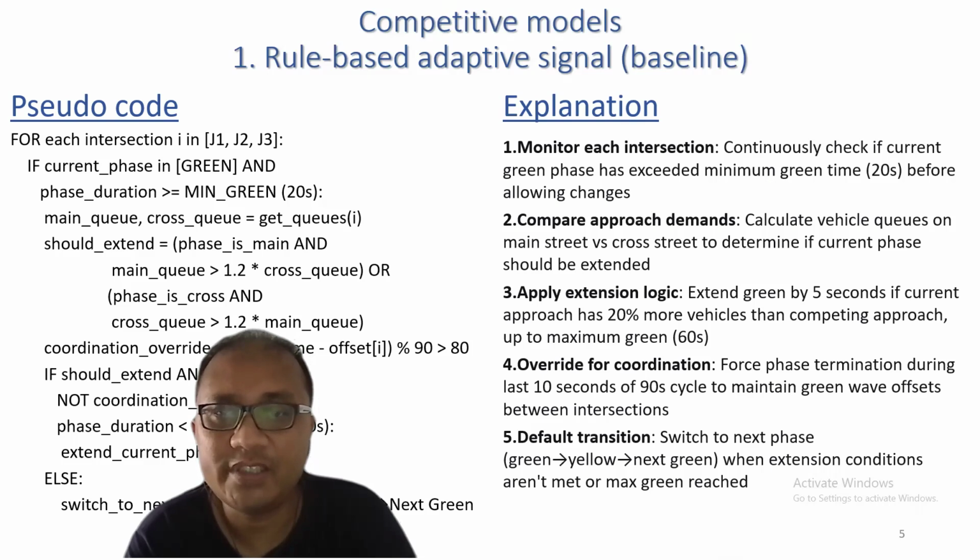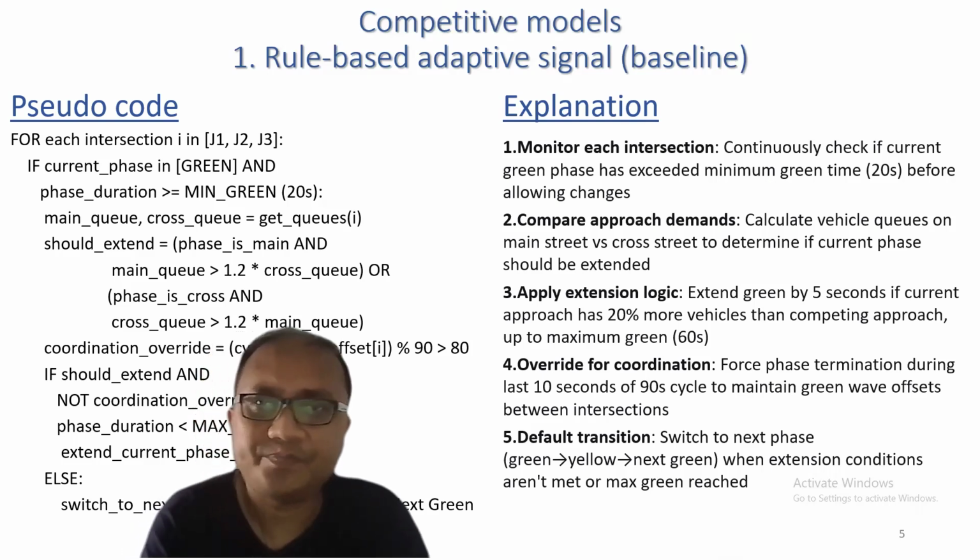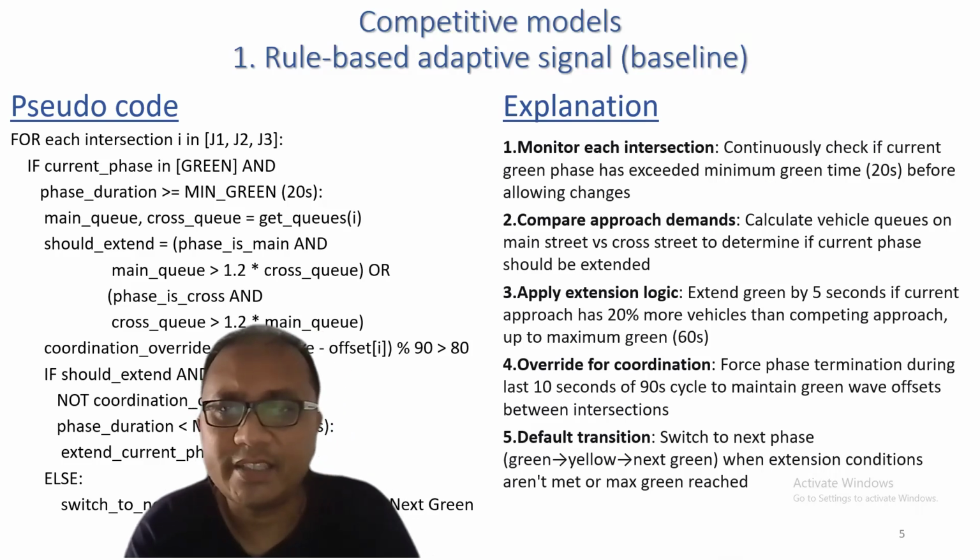The default switching system is green, yellow, and next green or red in the same phase. And I use green extension for the rule-based adaptive signal. This is the policy for my rule-based system. This is the baseline I use.